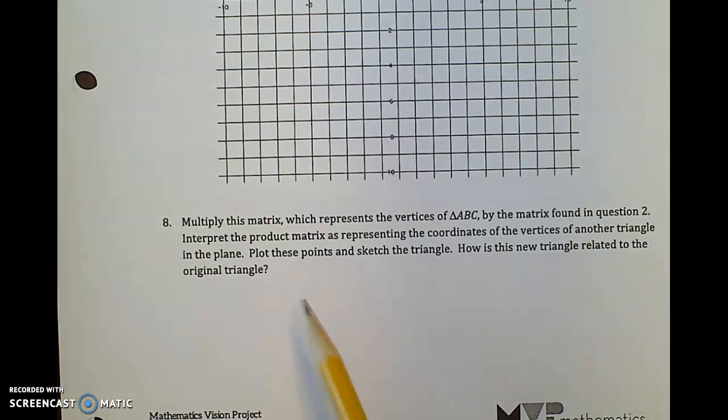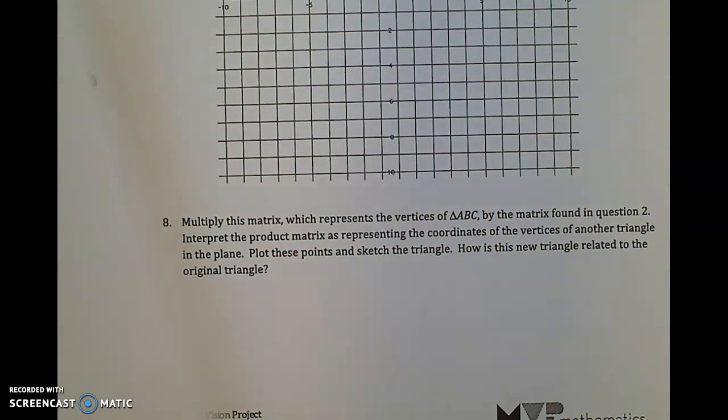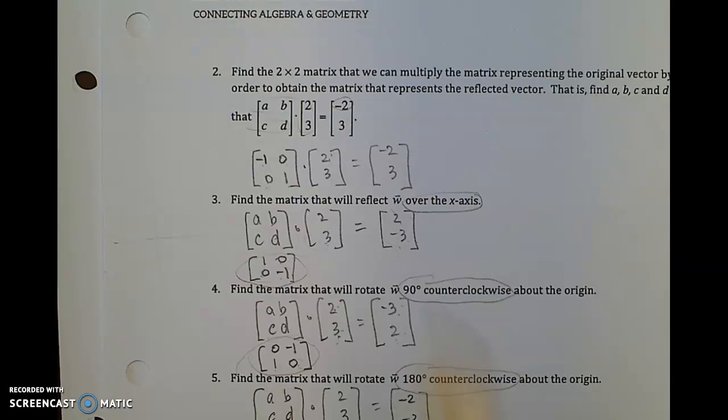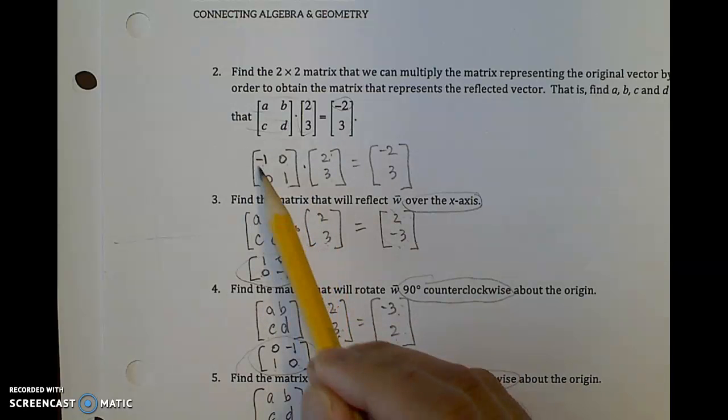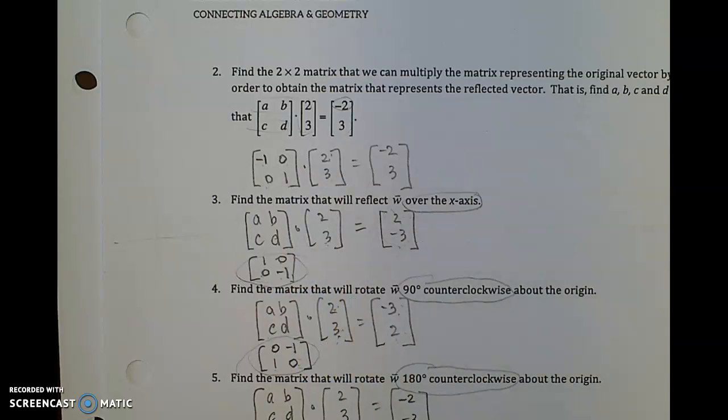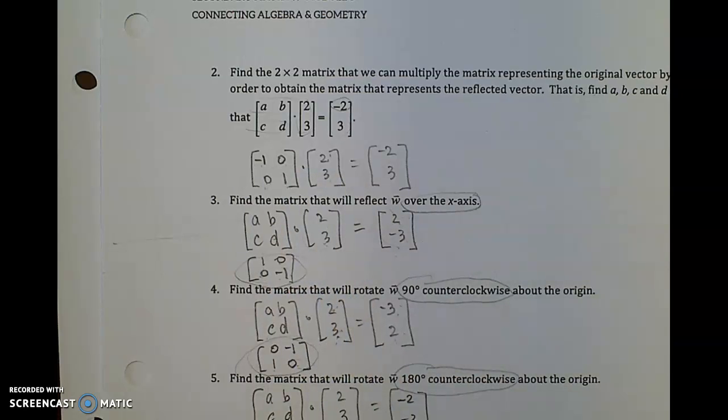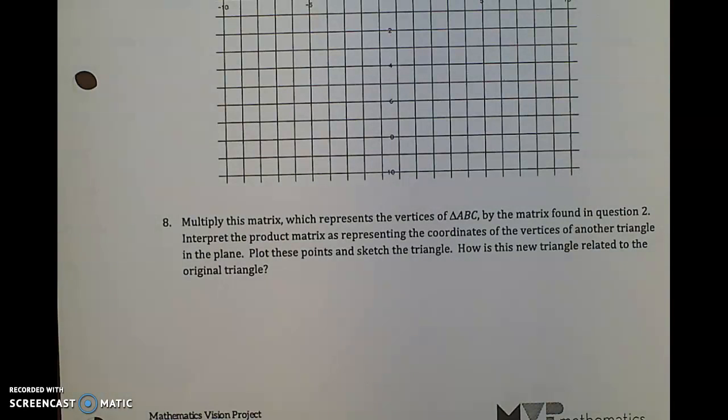So then we're going to interpret this product matrix as representing the coordinates of vertices of another triangle in the plane. Alright, so again, in problem number 2, we found this matrix, -1, 0, 0, 1. So we're going to take that matrix and multiply it by the matrix that represents the triangle.